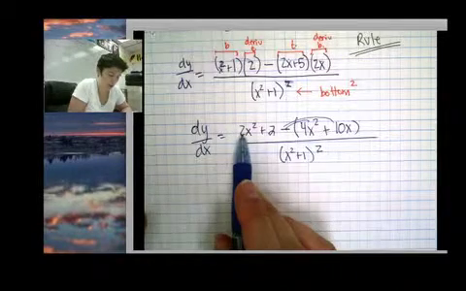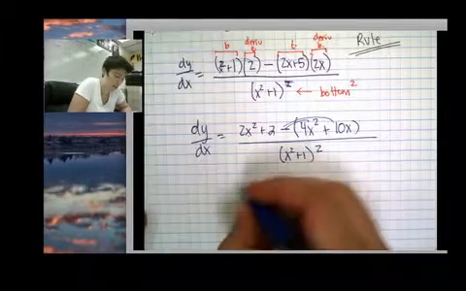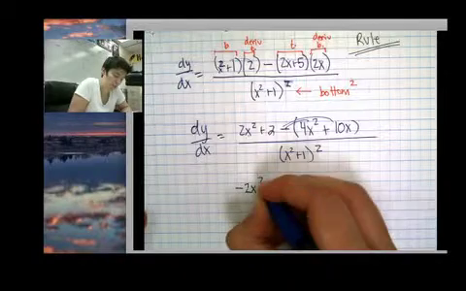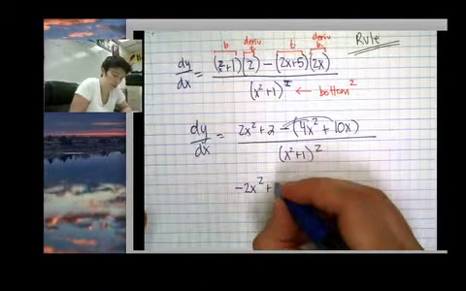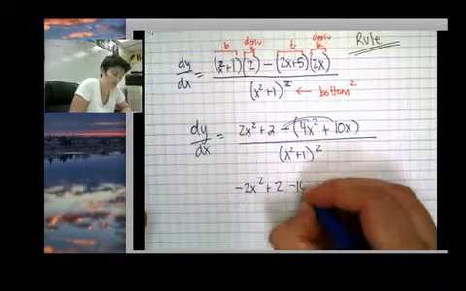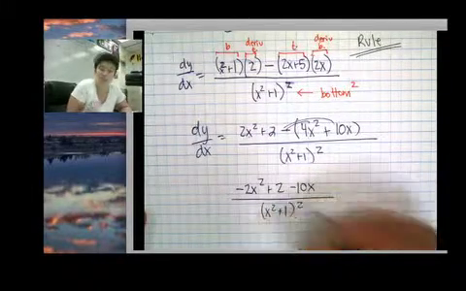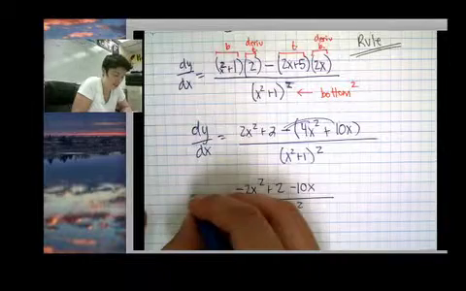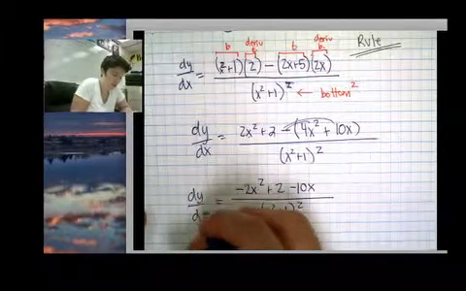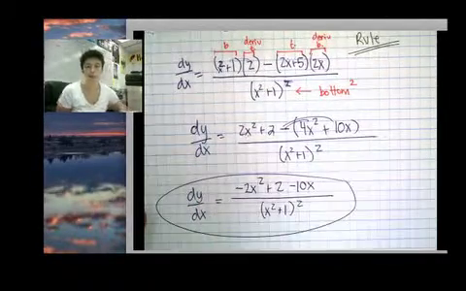So 2x squared minus 4x squared is negative 2x squared plus 2 minus 10x. All over x squared plus 1, quantity squared. That's my answer. So dy dx, the derivative of y, equals that whole thing.